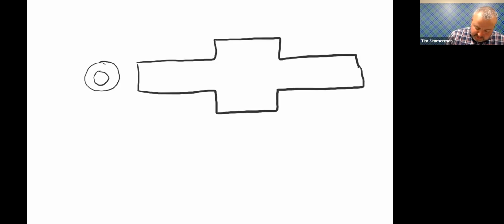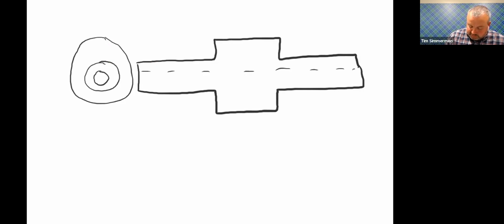I'm gonna draw another diameter on here. This value right here associates with this diameter up here. This diameter here associates with this feature. And then I'm going to draw hidden lines going through the center of the part.